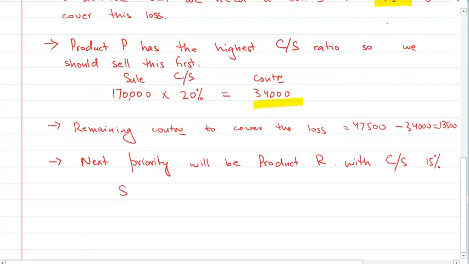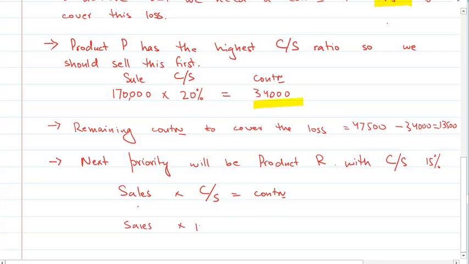Sales multiplied by contribution to sales ratio will give us the contribution. But now we want to find the sales value. The target contribution is given to us, and we know the CS ratio also. So what will be the sales?